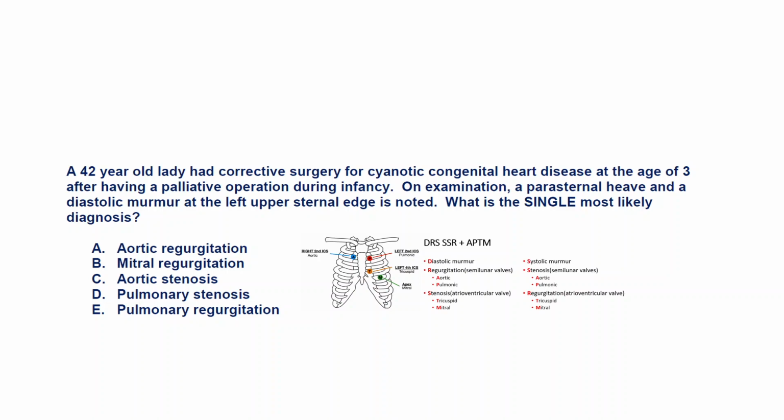So diastolic murmur, left upper sternal border, that's the pulmonic area, second intercostal space on the left. So pulmonic area, diastolic, we are talking about pulmonary regurgitation, which is the answer here.